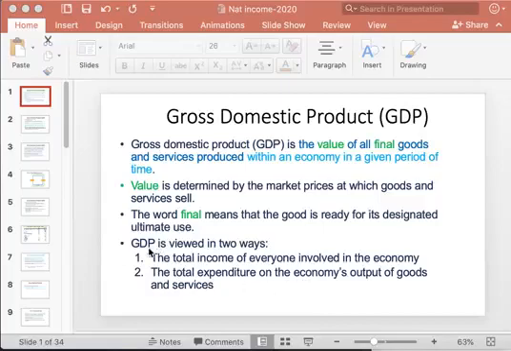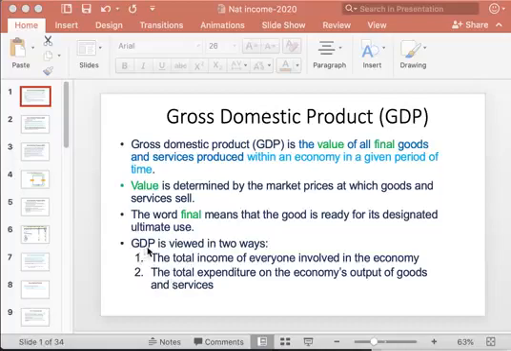So GDP is equal to either total income of everyone or equal to total expenditure. So GDP is not total income plus total expenditure. So you should try to remember this difference.